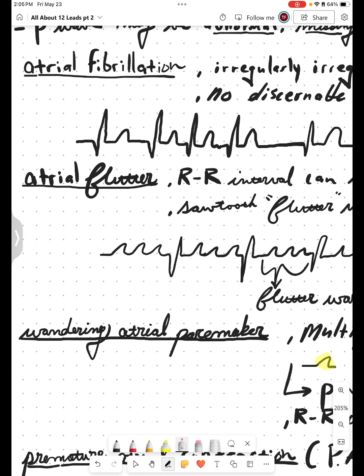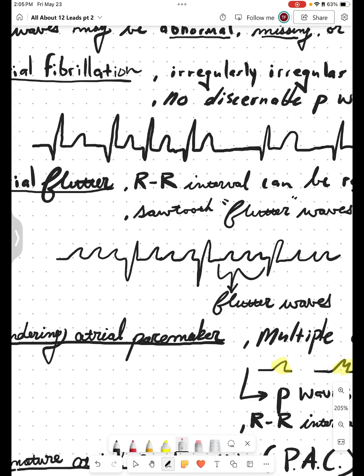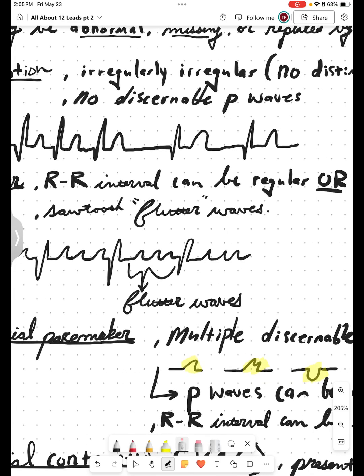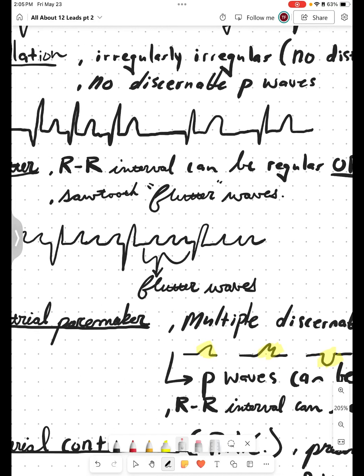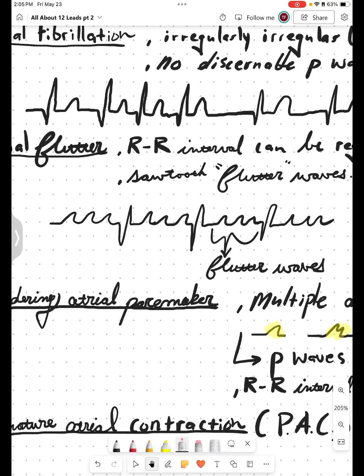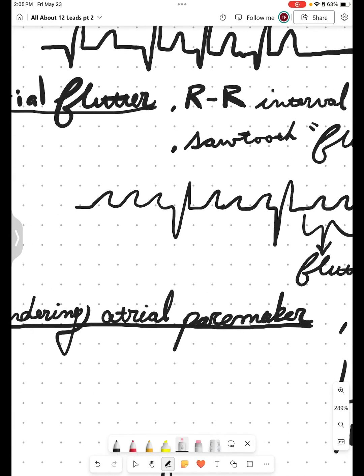Moving down the line, atrial flutter. Atrial flutter can be discerned by its sawtooth-like flutter waves. The R to R intervals can be regular or irregular. And again, it has those sawtooth flutter waves, and that's this pattern right here. There's usually a consistent conduction.